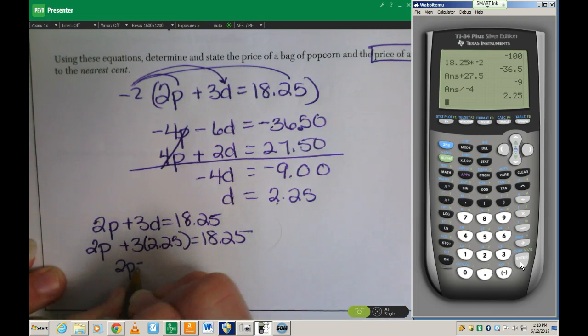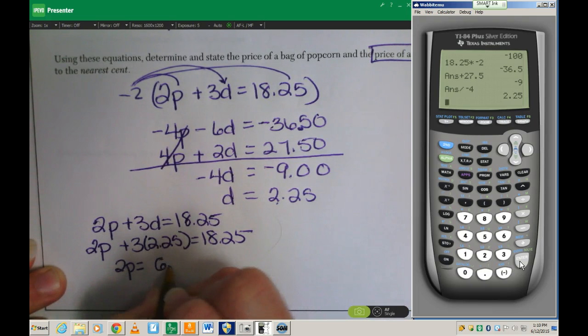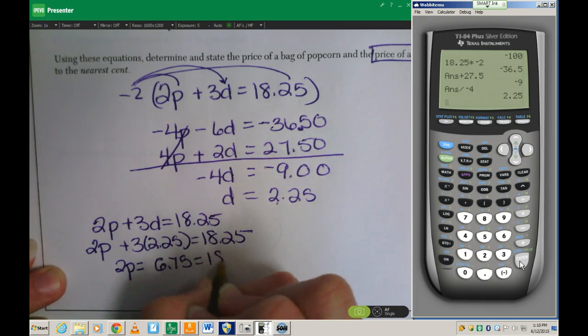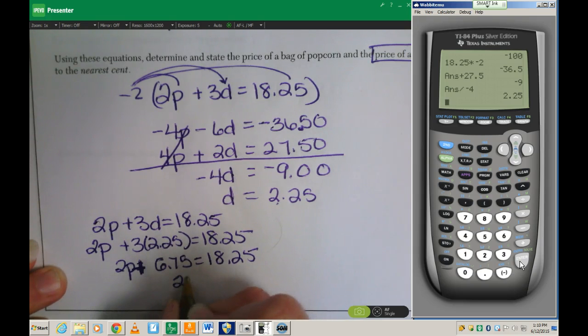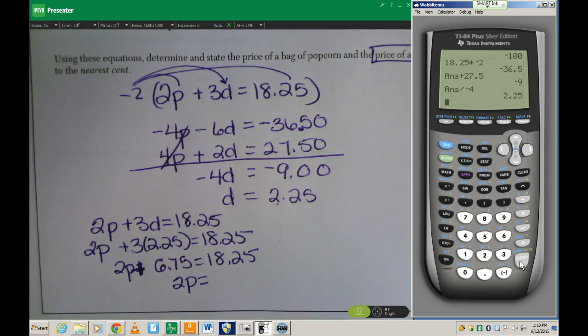Well, you're left with 2p plus $6.75 equals $18.25. Why did I put an equal sign? I meant plus. Subtract $6.75. So we're going to do $18.25 minus $6.75, which is $11.50.